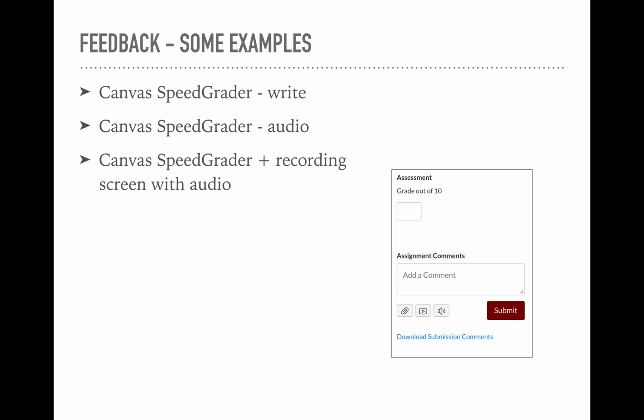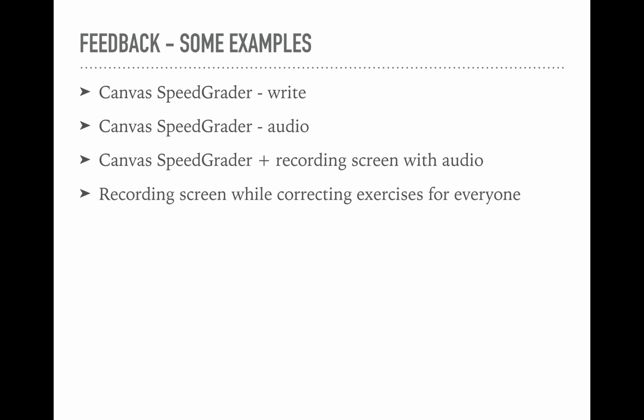So I've seen you can also record yourself, as we said before, correcting exercises for everyone. So if there are short exercises in the textbook, you can just record yourself while you're correcting them and pointing out any specific exercises that are relevant. Again, it's a way of increasing our presence.